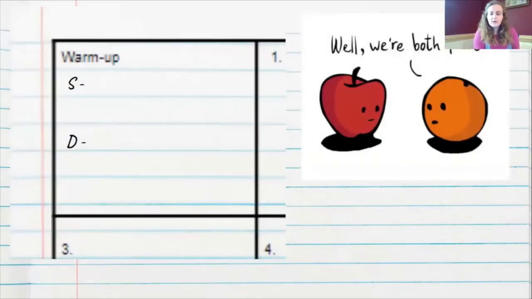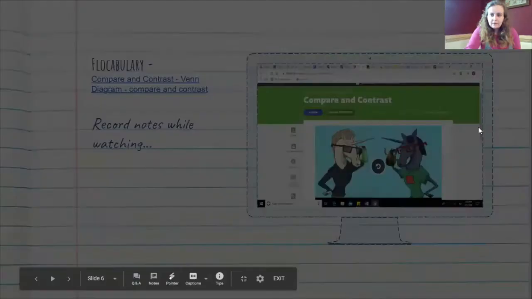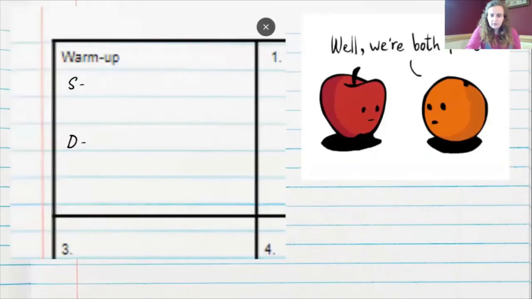All right, so your warm up, so in this first box right here, you are going to write an S and a D. So I want you to look at this picture right here. Right here, I have a picture of an apple and I have a picture of an orange. So sometimes you might hear this saying, it's like comparing apples and oranges, okay?